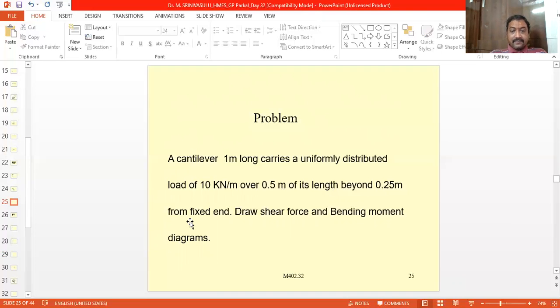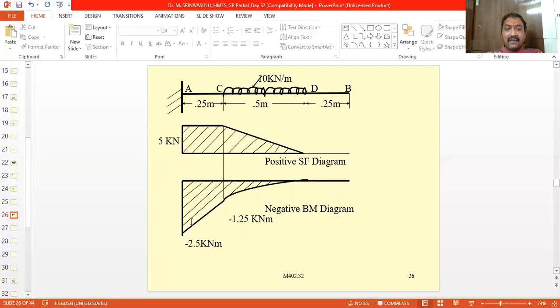Now, as for the given problem, this is a cantilever. The total length is 1 meter, and it is carrying a UDL over a distance of 0.5 meters, starting from 0.25 meters from the fixed end.